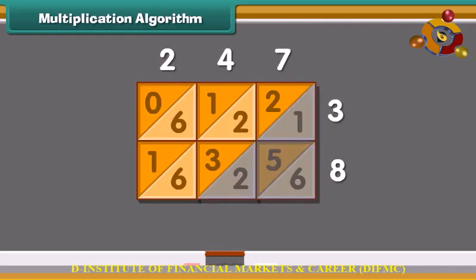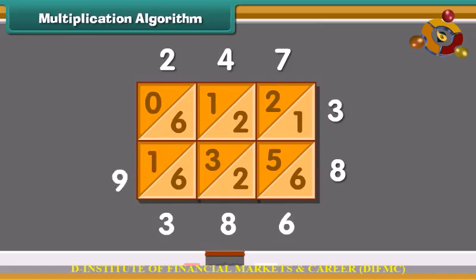Now start at the bottom and add down the diagonal strips. Write 6 as it is. 2 plus 5 plus 1 is 8. 6 plus 3 plus 2 plus 2 is 13. We get a 2-digit answer. So, we just write 3 below and carry 1 in the next strip. 1 plus 6 plus 1 is 8.